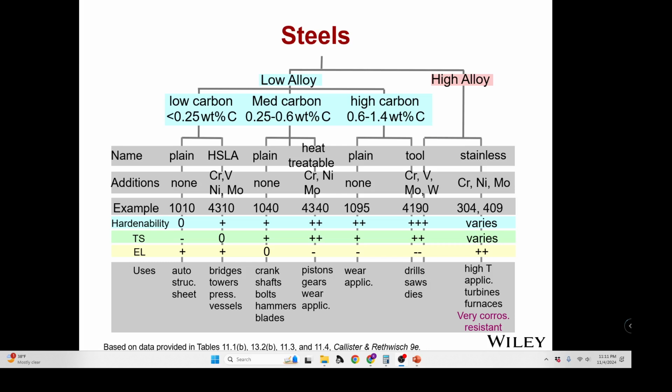These are considered high alloys, so very good thermal properties, typically high temperature applications, furnaces, turbines, very corrosion resistant, some medical applications. There's some other materials that we use preferentially, so it's not all just stainless, but there's some other biomaterials that are used. So very corrosion resistant, very high resistance to high temperature applications, and that's why there's a lot of building codes that require a certain grade of stainless to be used when there's going to be a high heat generation to provide safety.